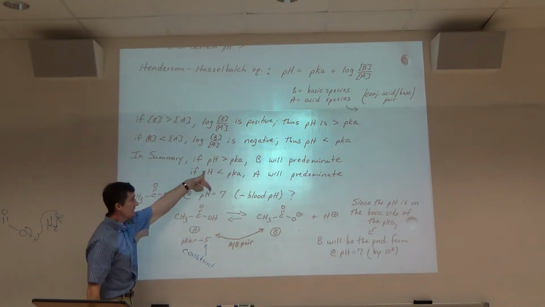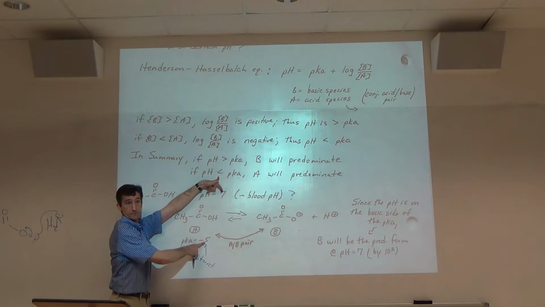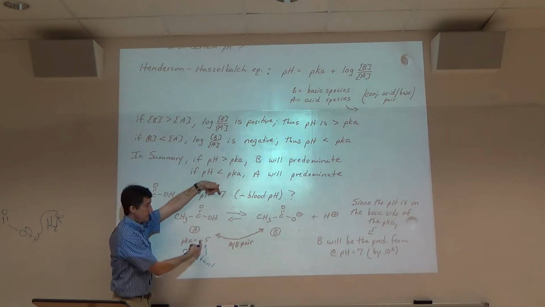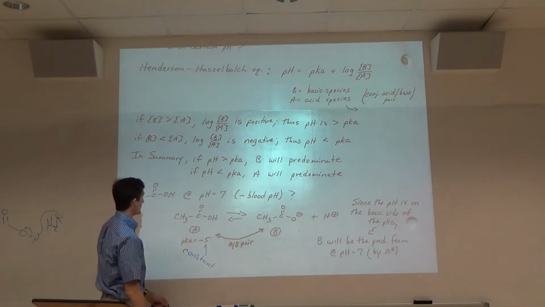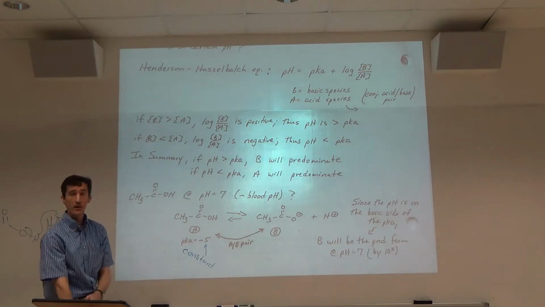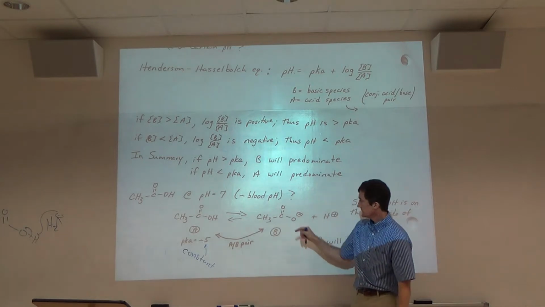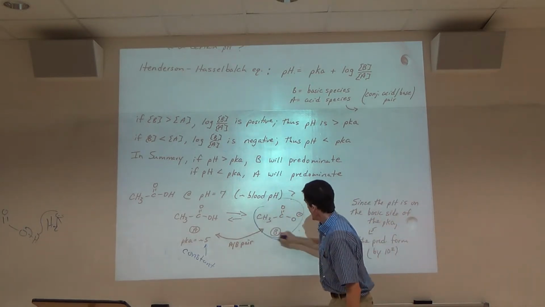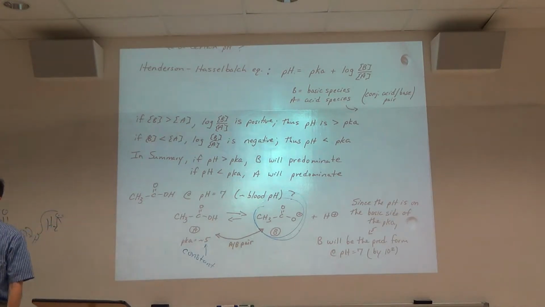Okay? The thing that can change, is it on the high side or the low side of the constant? It's on the high side. So is the basic species going to predominate or the acidic species? High pH compared to that is basic. Basic species will predominate. So how will acetic acid exist in the blood? Will it be this or will it be this? It'll be like that. It'll be an ion, predominantly.